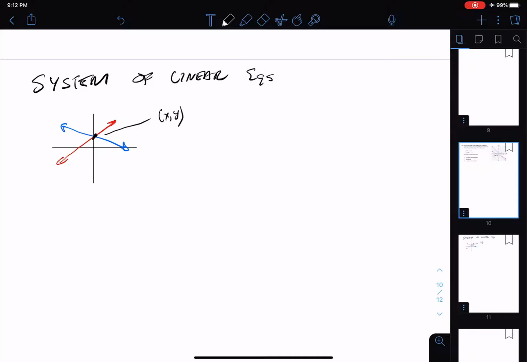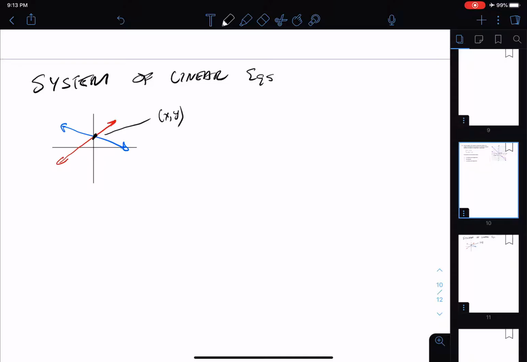And the one point, x comma y, that when we put into both equations, I don't have the equations showing, but visually it's points that lie on our lines are x comma y values that make that equation true. So this x comma y value makes the blue true and the red true, so it's the solution to the system.